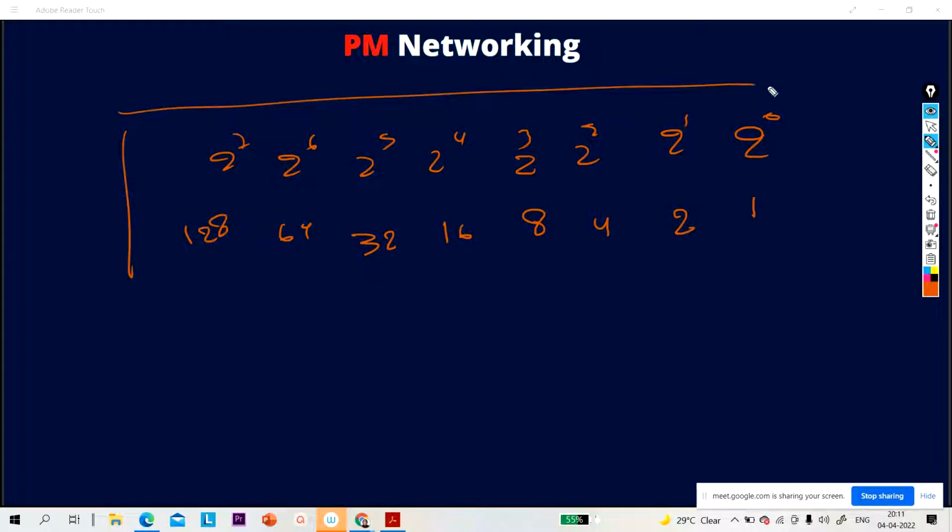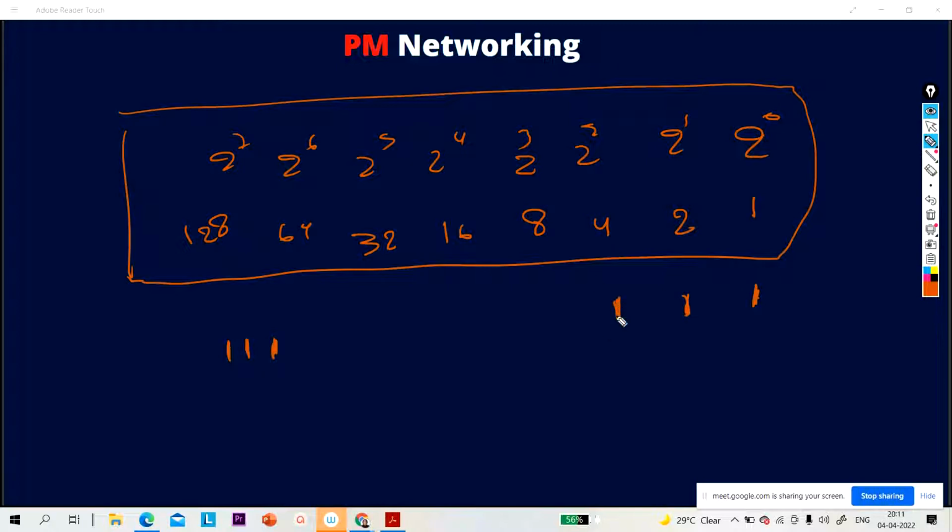This is a chart to convert binary to decimal and decimal to binary. Suppose I am writing one binary number 111, that means at first place I am writing 1, at second place 1, and at third place 1. So what will be the decimal value?